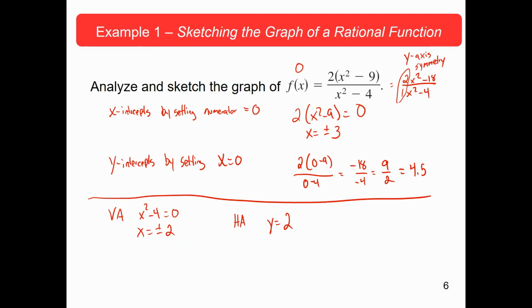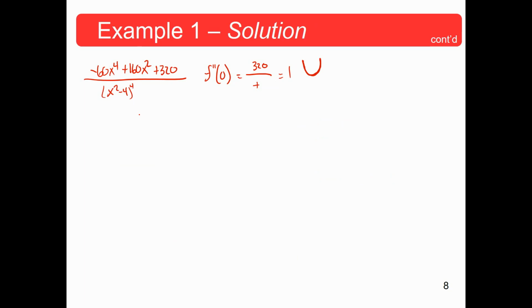Now, we're going to set this equal to 0. We're going to say negative 60x to the fourth plus 160x squared plus 320 equals 0 to find our possible points of inflection. Now, if I divide by, let's see, what will go into all of those?